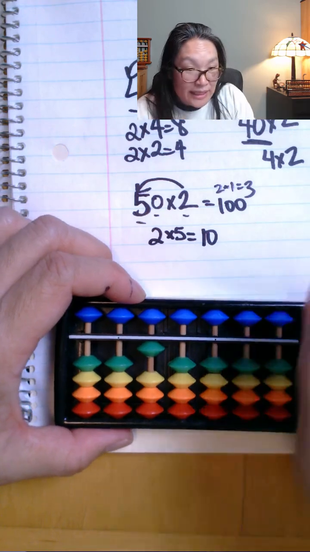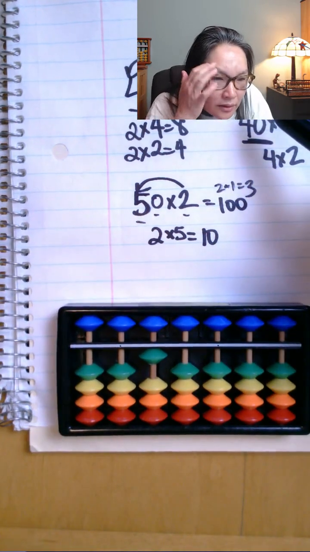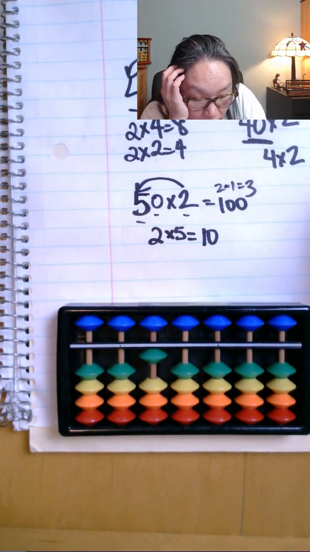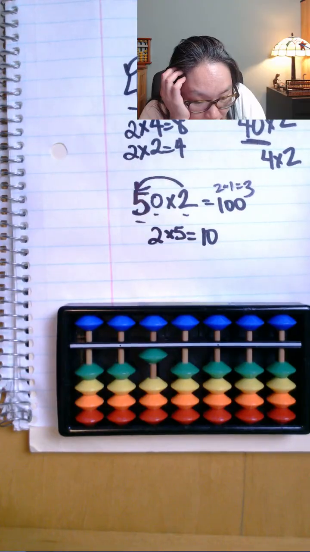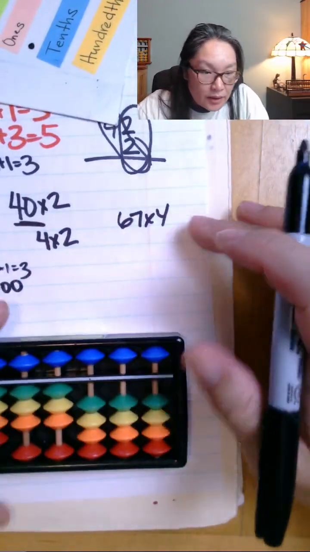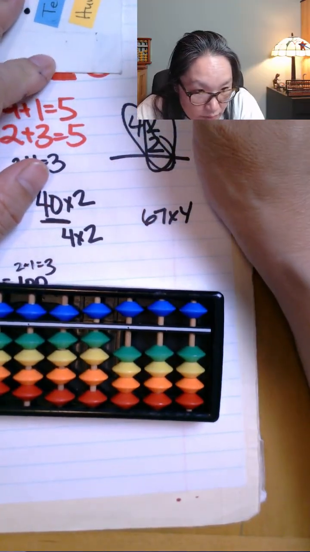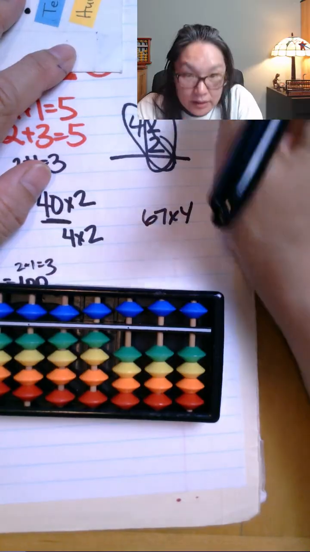Okay, let's do this. 29. Okay, let's do another one. Josie after 5. Okay, 67 times 4. Okay, and then we'll do the other one. 41 times 9. Okay, so I got that down.